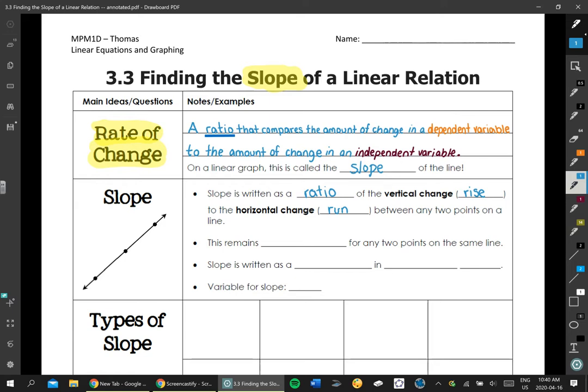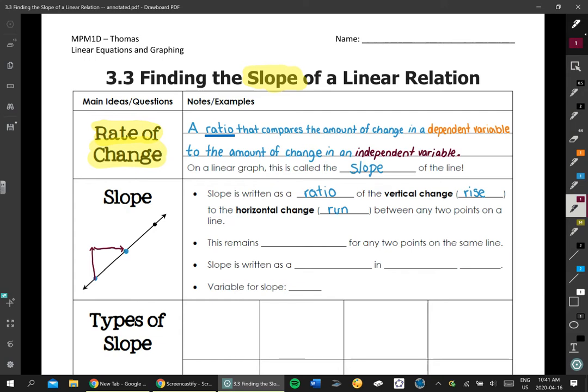Let's say we have a point here and a point here, the slope is going to be written as a ratio of how much we went up, the vertical change, and how much we moved over, the horizontal change. So it's a ratio of how we move from one point to the next on the same line.